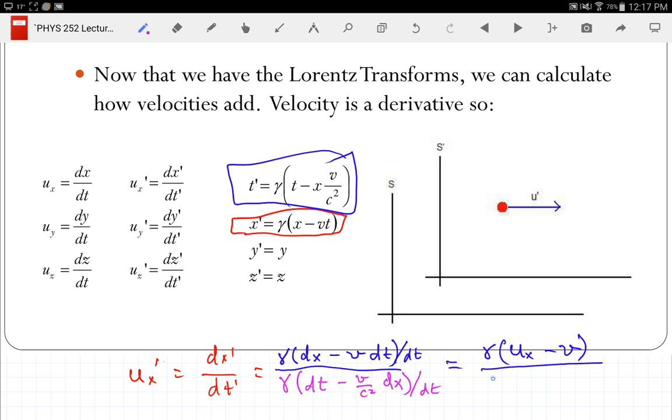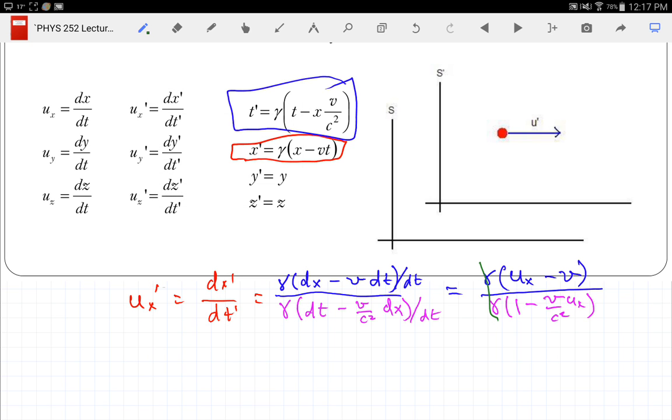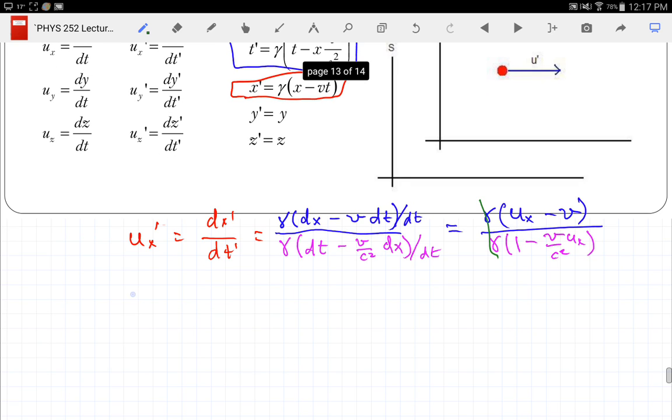Start with the obvious: dt divided by dt, that's 1, minus v over c squared dx/dt. dx/dt is ux. And so now, to complete the work, notice the gammas are going to cancel. And I have ux prime is equal to ux minus v over 1 minus v ux over c squared.